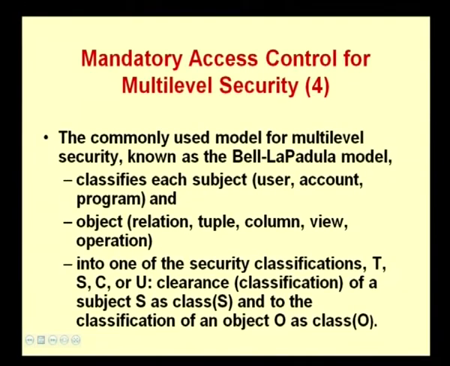It classifies each subject, like user account or program, and also each object, like relation, tuple, column, attribute or view, into one of the security classifications TS, S, C or U. We refer to the clearance classification of a subject S as class S and to the classification of an object as class O. So, it has 4 levels of security and 2 types of classes.